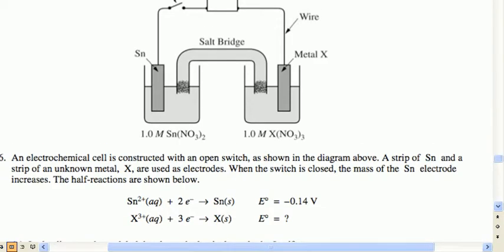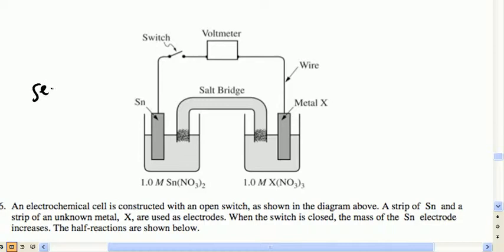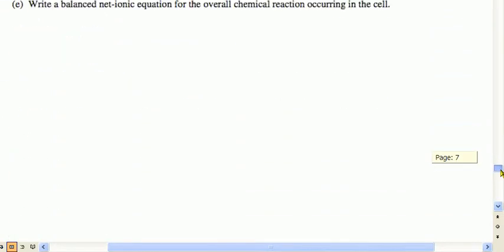For this answer, I'd like you to see AP problem 6 under homework solutions on the website. I actually have this broadcasted. I did it for one of my classes earlier. So see AP problem 6 under homework solutions on the website, and the solution for this problem will be posted.